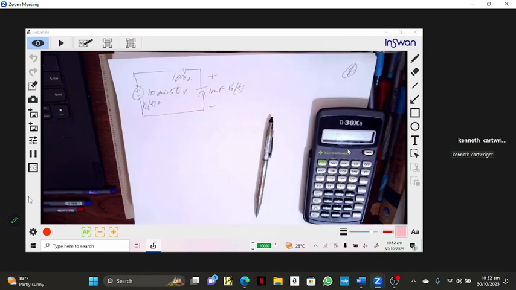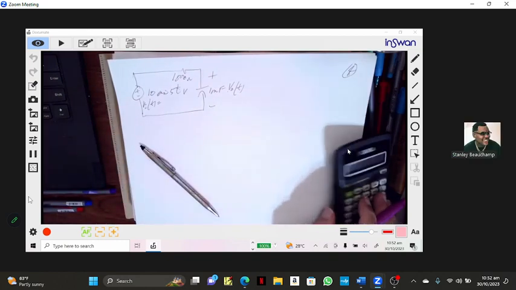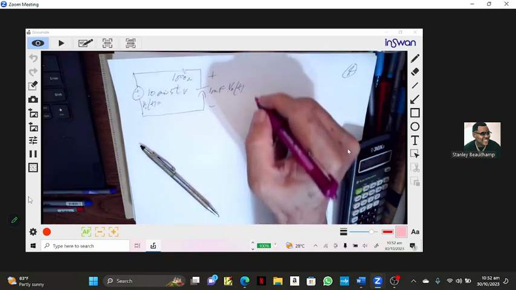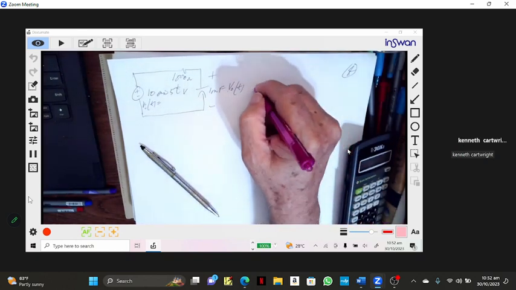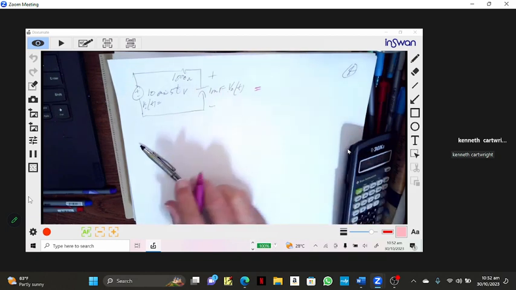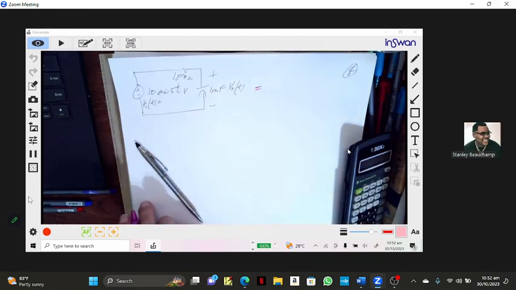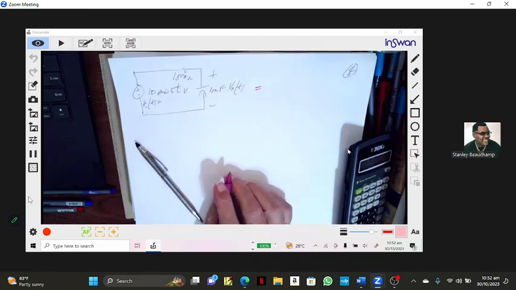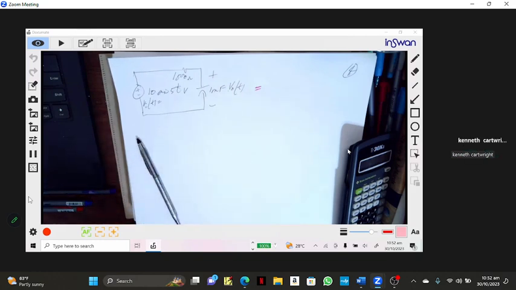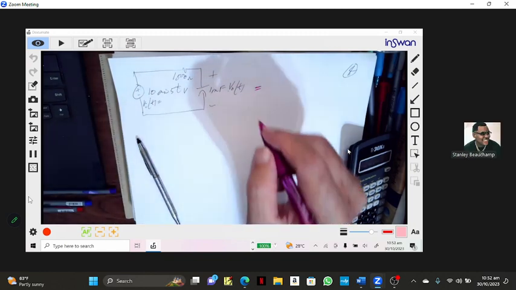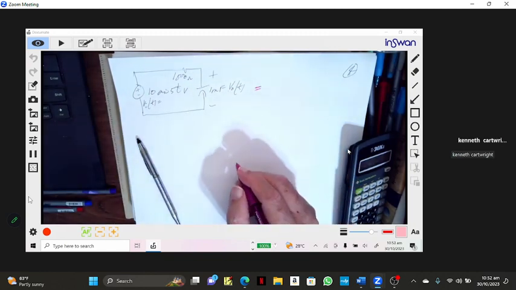Yes, convert to the phasor domain. And the impedance of the capacitor is 1 over sC. Where s is what? What is s equal to? s is j omega.